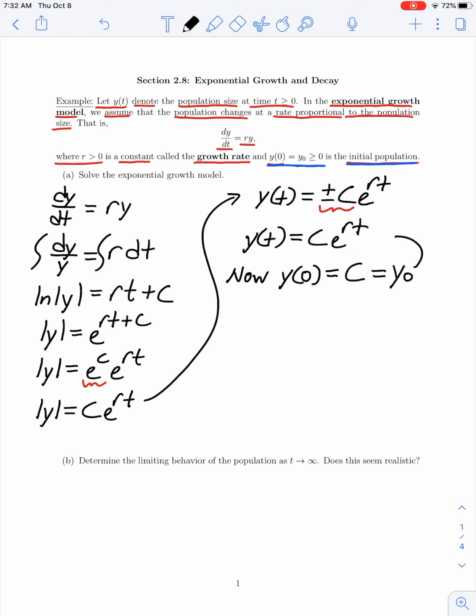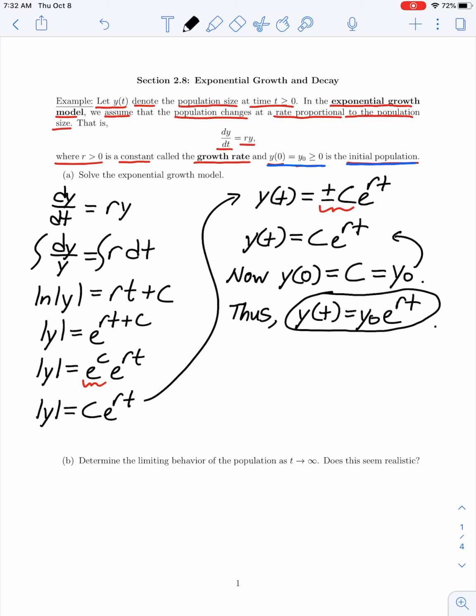So substituting that value of c back into the general solution, we have y of t is given by y naught, the initial population size, times e to the rt power. So this is the solution of the exponential growth model.